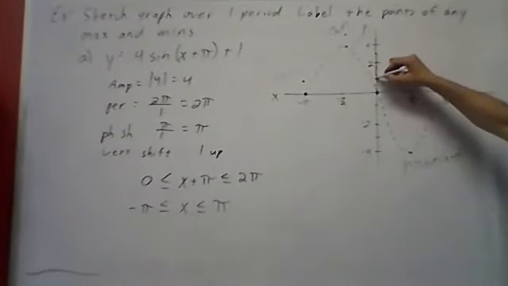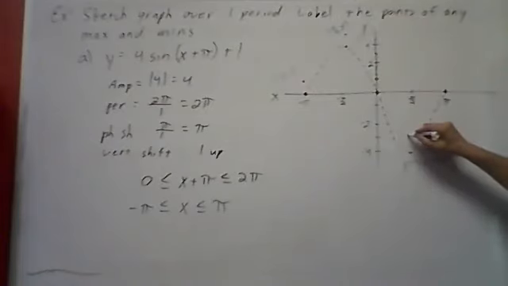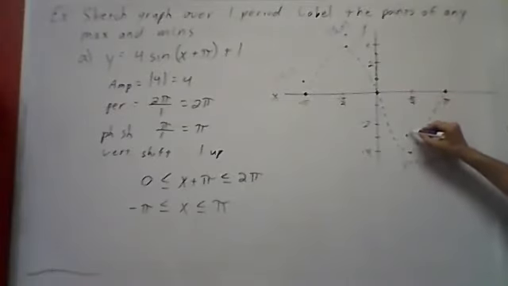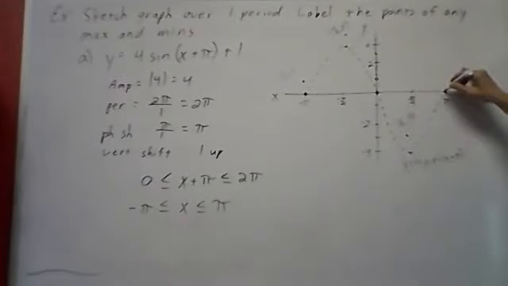How about this point? If I shift up 1 unit, I'm going to be here, right? How about this point? If I shift up 1 unit, where am I at now? I'm at pi over 2, comma, negative 3. And this point, if I shift up 1 unit, I'm at pi, comma, 1.